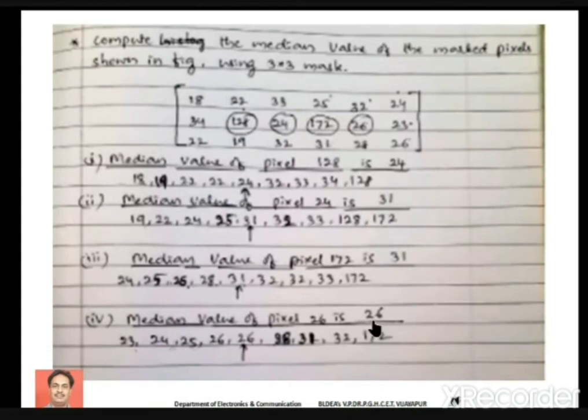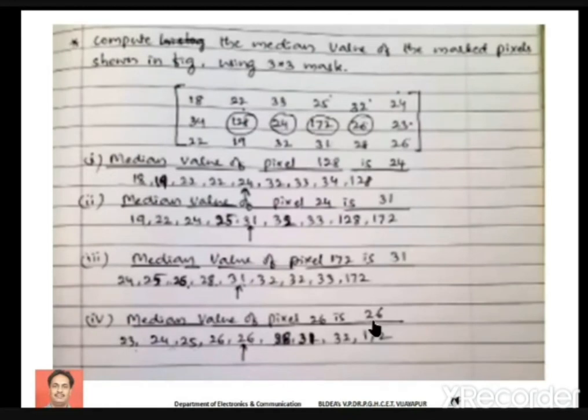In the averaging filter, the idea is we replace each pixel by the average of its neighborhood pixels. In the weighted averaging filter, we assign different weights to the different pixels and we calculate the response of the filter. Whatever response we get, that is assigned to the location f of x comma y.